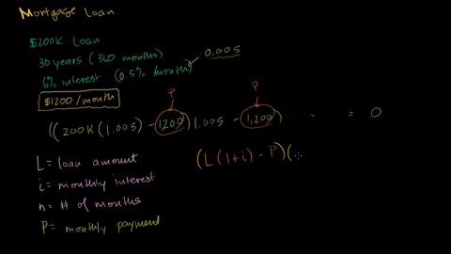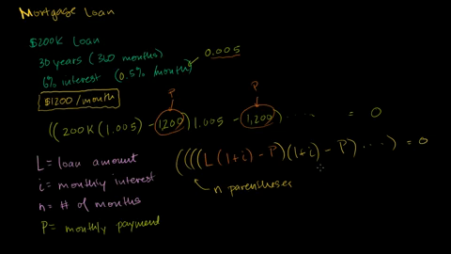That will now compound over the next month. Then you're going to pay another payment P. And then this process is going to repeat n times, because I'm staying abstract. You're going to have n parentheses. And after you've done this n times, that is all going to be equal to 0.